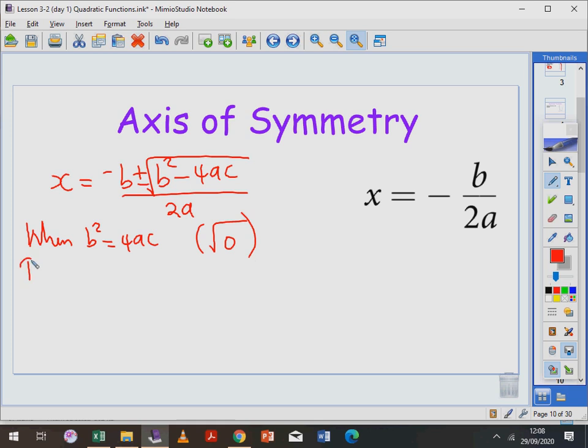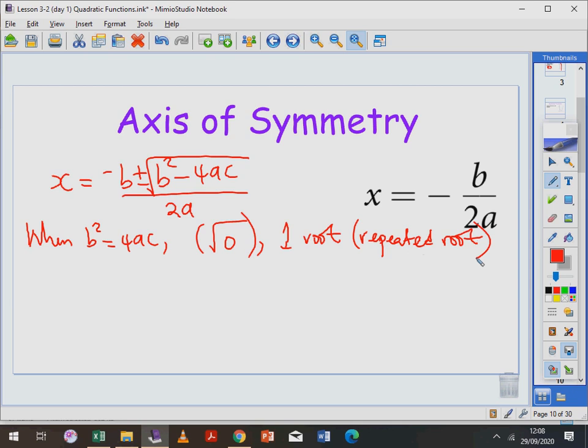Then the equation has one solution or one root, so if it is equal to 0, the parabola has one root, and in further mathematics it's called a repeated root. So you'll find that, but don't pay too much attention to this right now. So it has one root, and usually that root is the point where it cuts the x-axis.